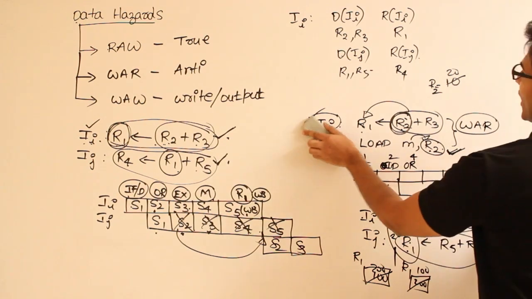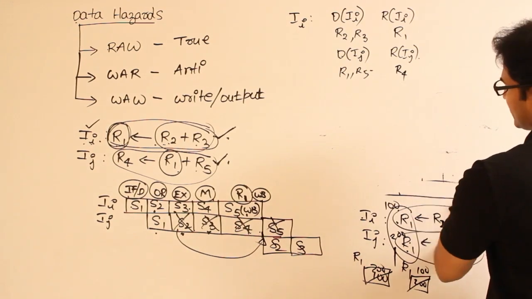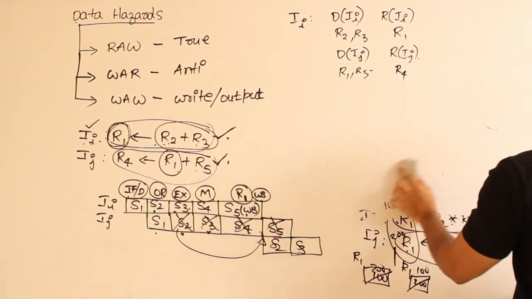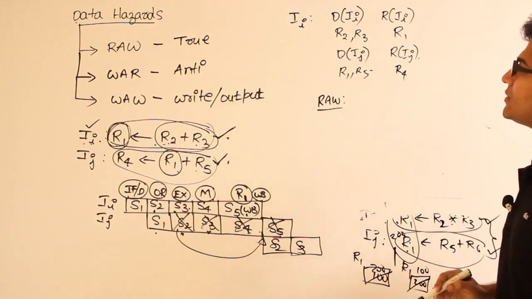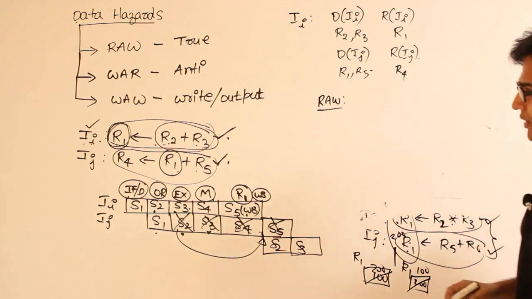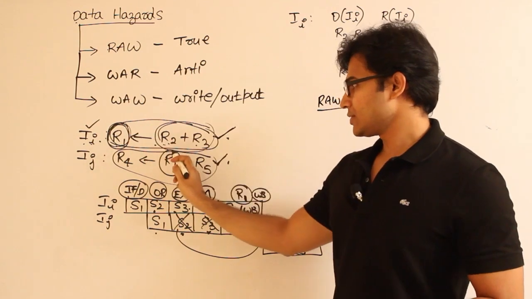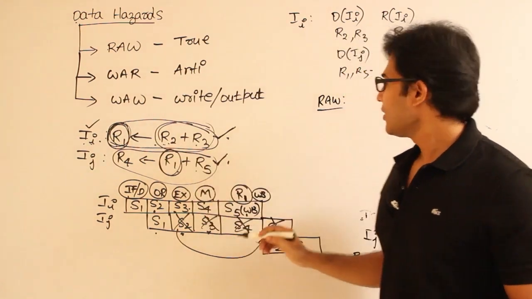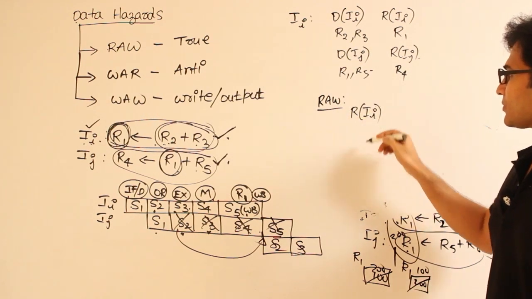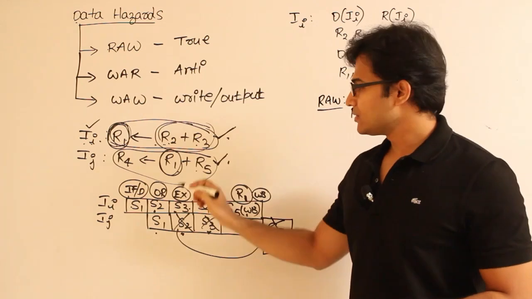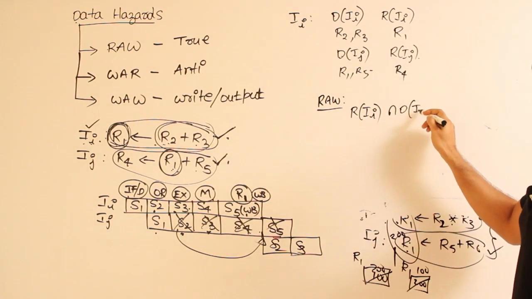And now how can we identify these dependencies once we define this domain and ranges like this? So how to identify read after write dependency is, see this. Read after write dependency will be there whenever you are trying to write something and the next instruction wants it, right? Which means if the range of Ii, which means this one, is required by the domain in Ij, intersection domain in Ij.